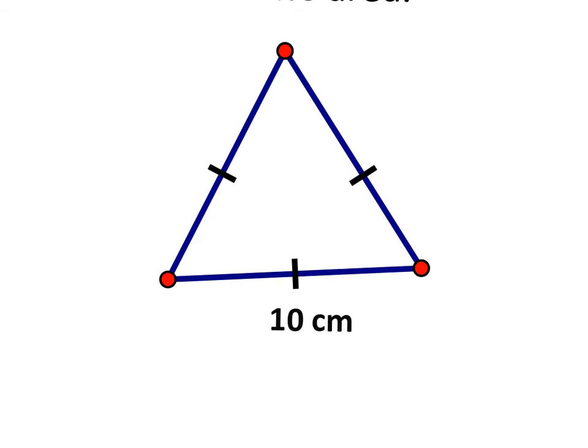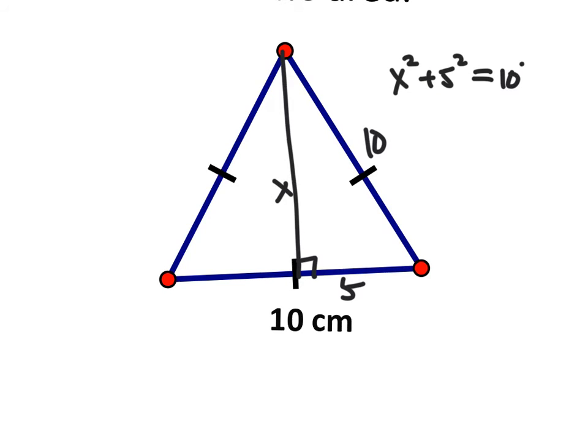Next problem is finding area. If we split this, we could mark that up as sides 5 and 10 and x. So finding x squared plus 5 squared is 10 squared. Solving that, x is about 8.6.